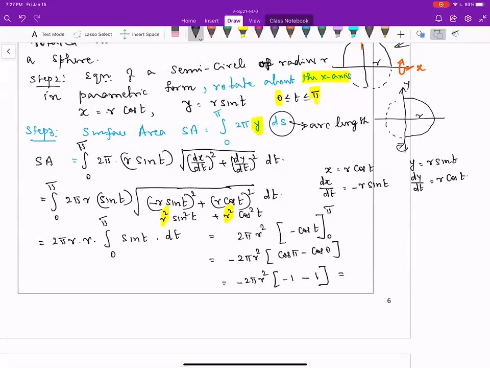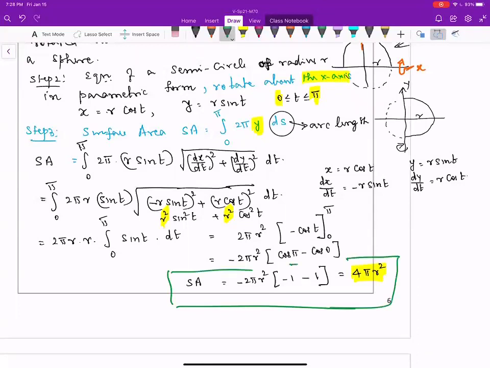So it is negative 2 times negative 2, so it will become 4 pi r squared. In fact, we know that the surface area of a sphere of radius r is 4 pi r squared. We are proving this by calculus techniques and using the parametric representation of a semicircle.